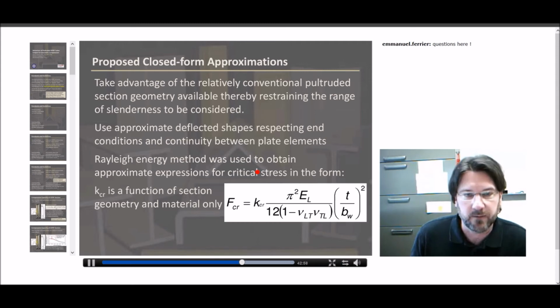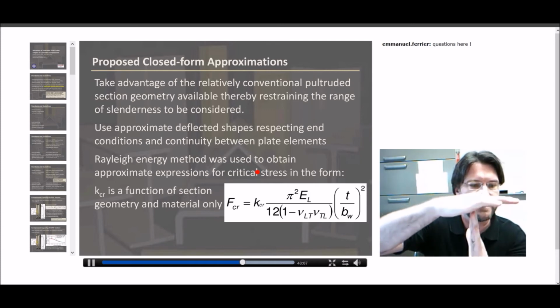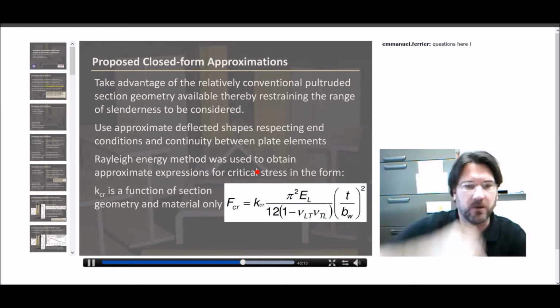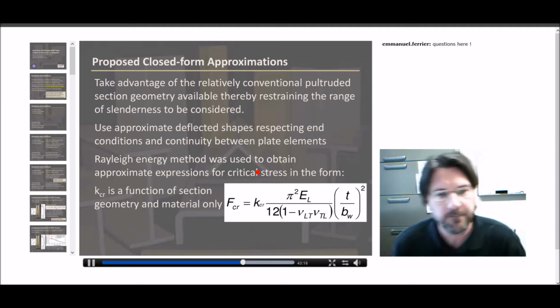We used approximate deflected shapes respecting the boundary conditions as they truly are, and continuity between the plate elements. And so if we take a look at an I section, if one flange tip goes down, the other flange tip has to go up. So we have to reflect that continuity.